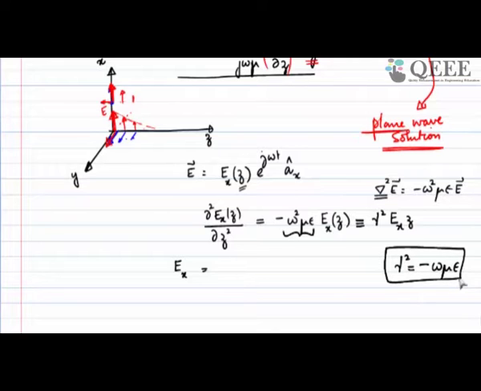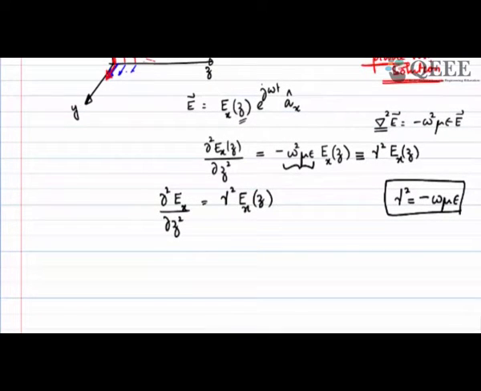This is my gamma square. In this case, my del square Ex by del z square is gamma square Ex, a function of z. Remember, these are scalar equations. I'm writing for the x component of the electric field.